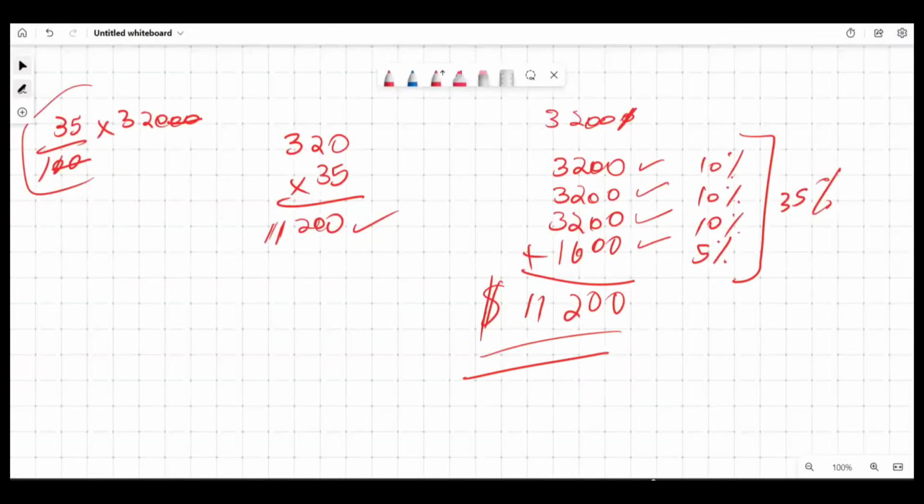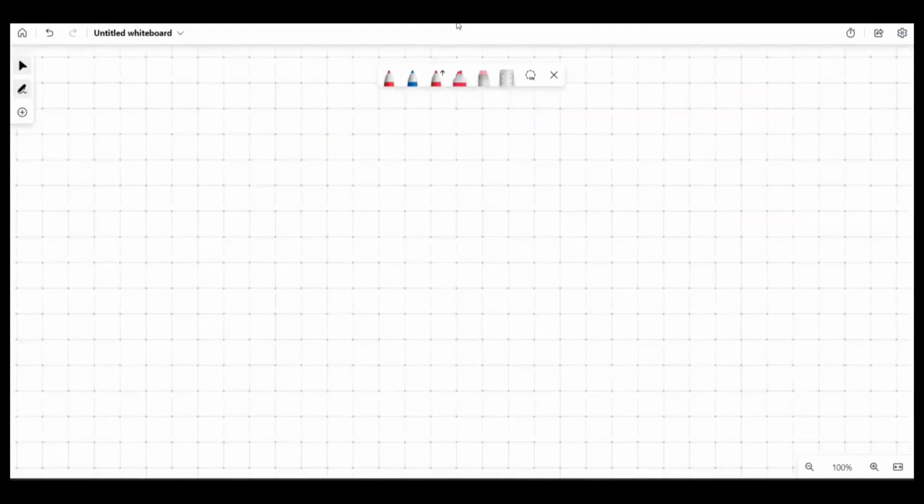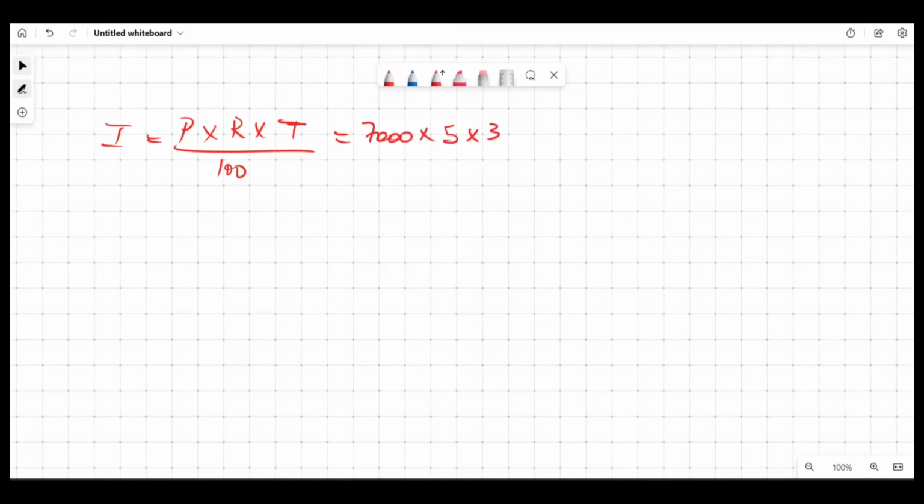Interest is principal times rate times time over 100. That's one way. So it simply means the 7,000 times the 5 times the 3 over 100, and this will take you to the answer.